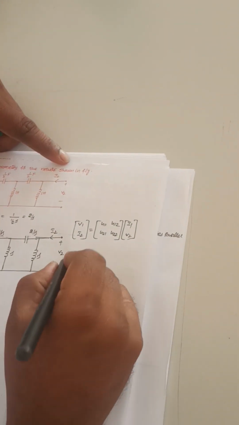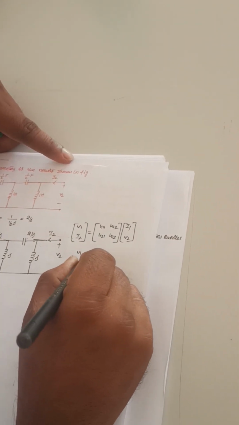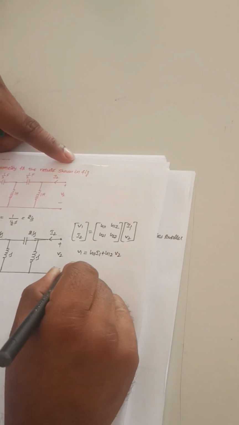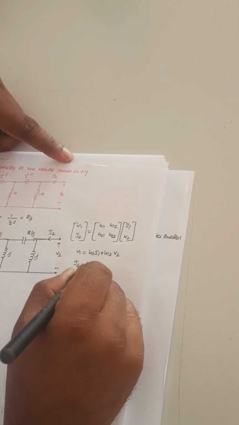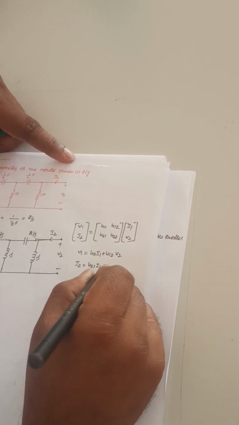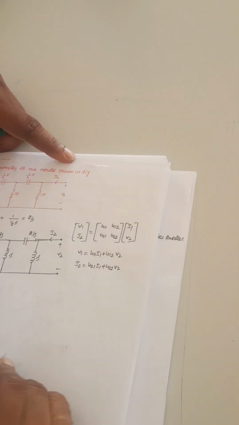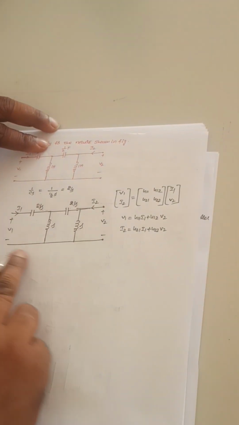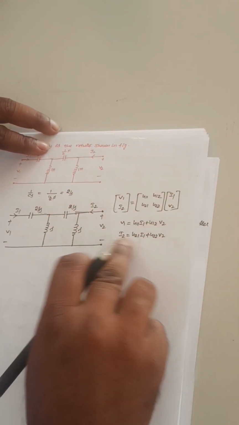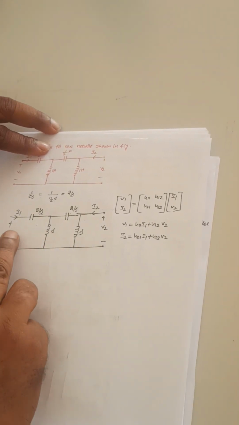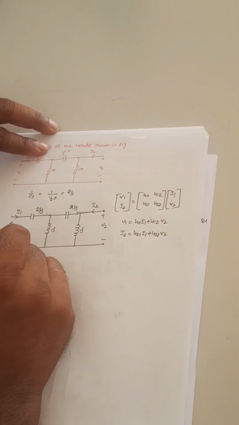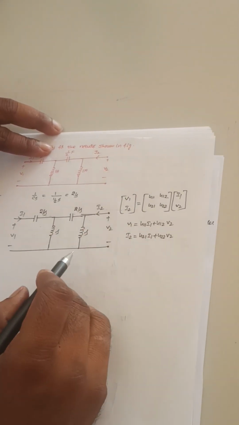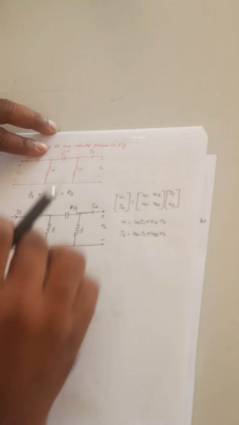So V1 is equal to H11 I1 plus H12 V2, and I2 is equal to H21 I1 plus H22 V2. I need to write the network equations for this network in this form. For that, let us consider this voltage; we know that this voltage is V2.